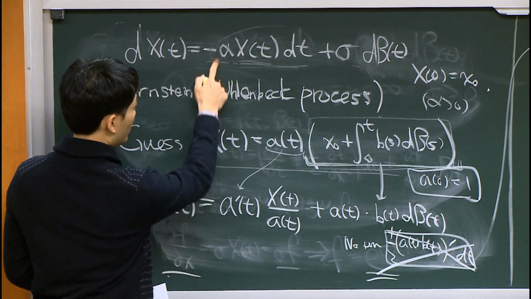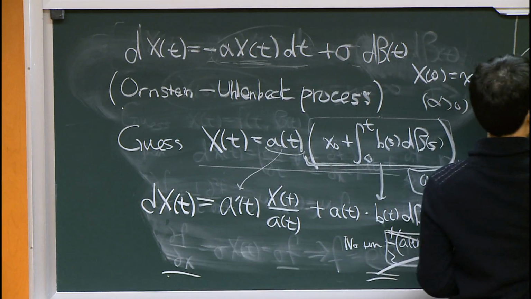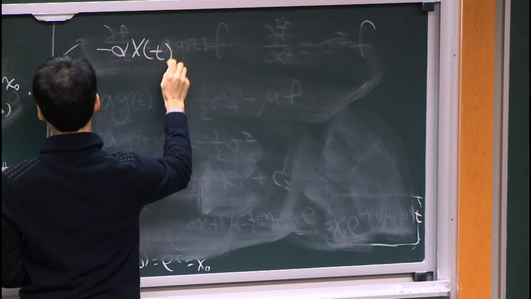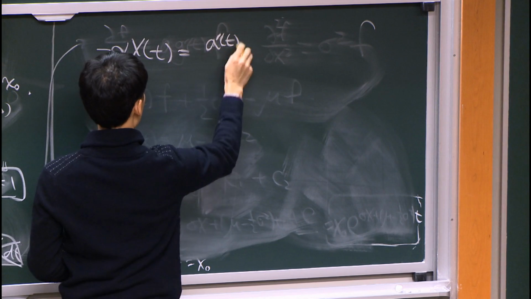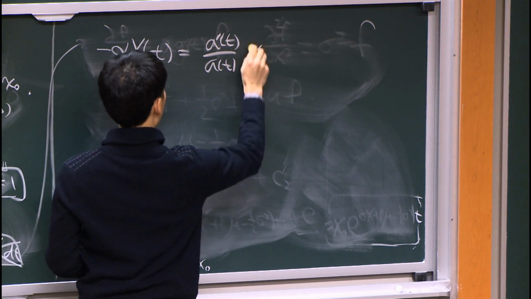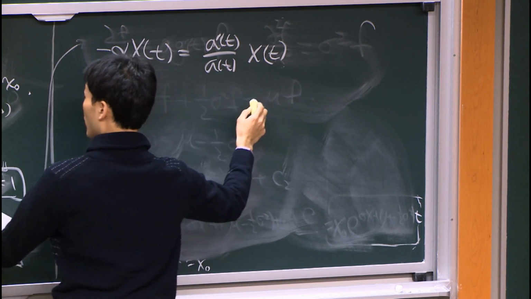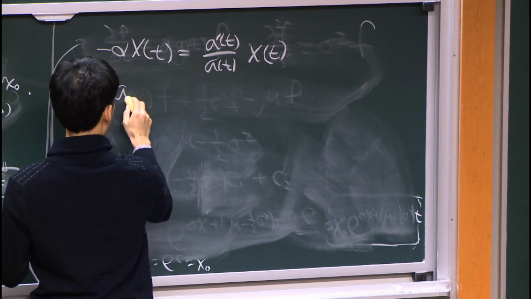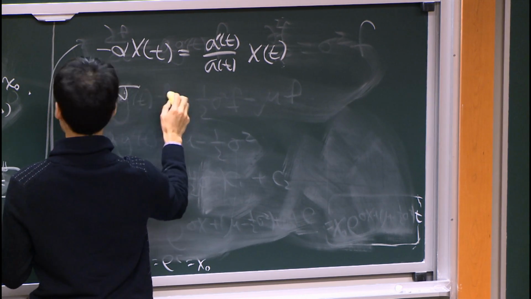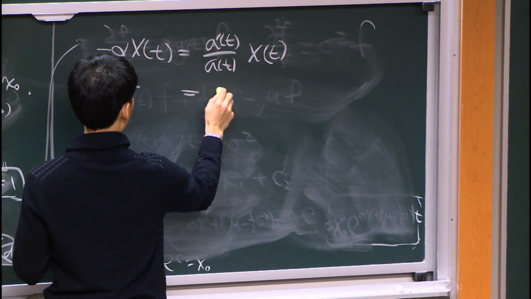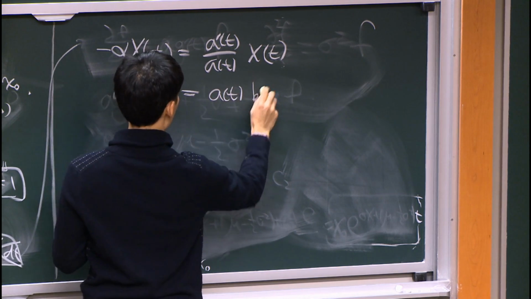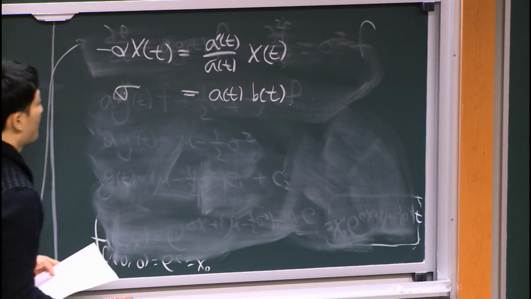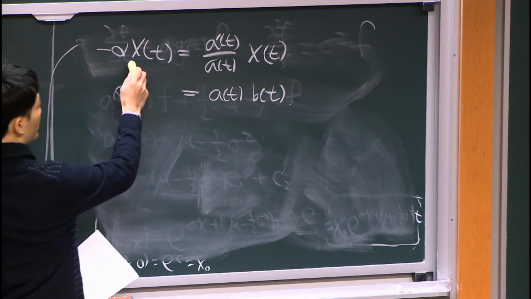And just compare. So minus alpha of x of t is equal to a prime t over at xt. And your second term, sigma dbt is equal to at times bt. Okay. So these two cancel.